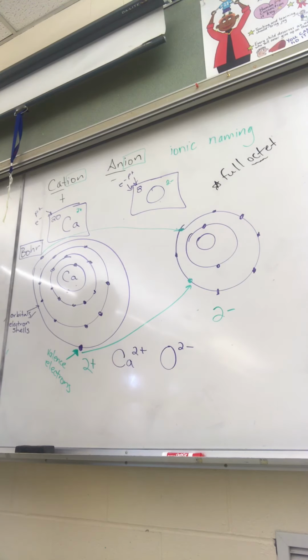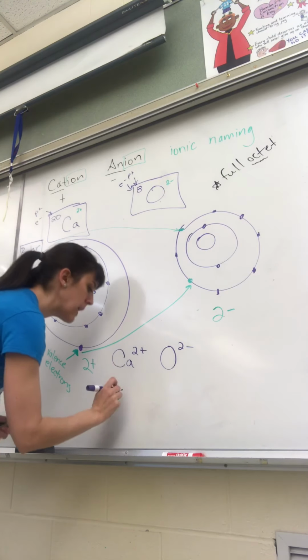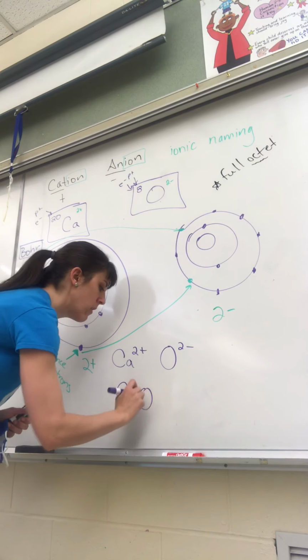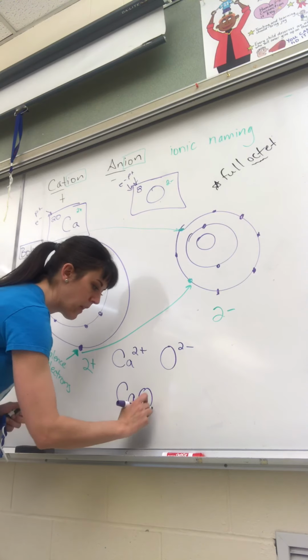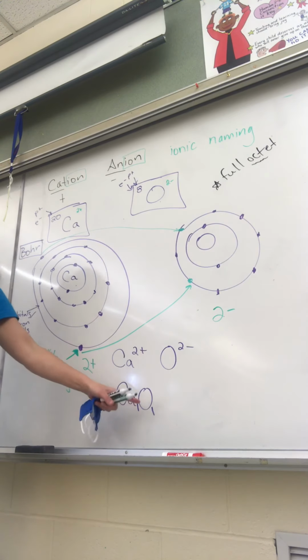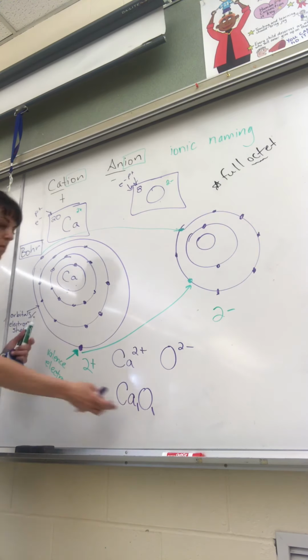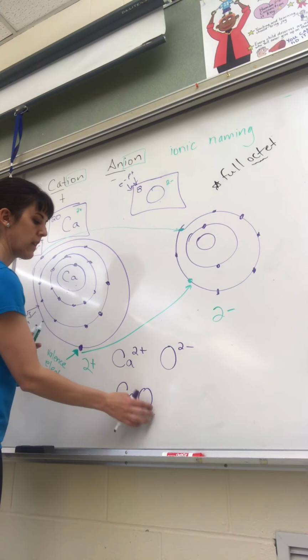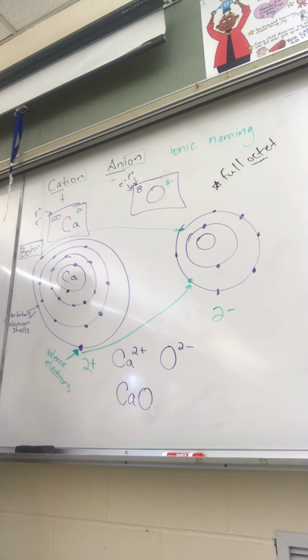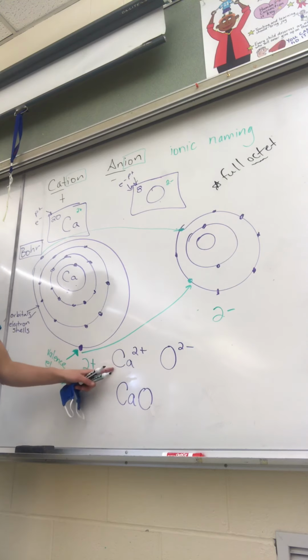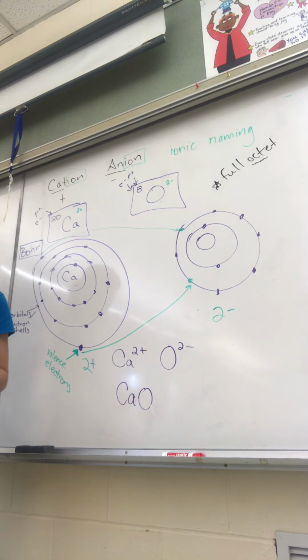Yes. So those balance, and we only need 1 of each. With calcium and oxygen we don't write the 1, it's like invisible. So our molecular formula is CaO, because we have one of those and one of those.